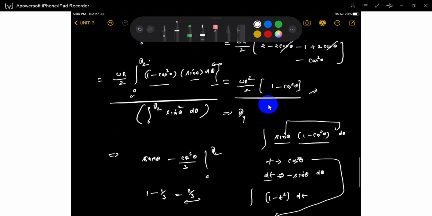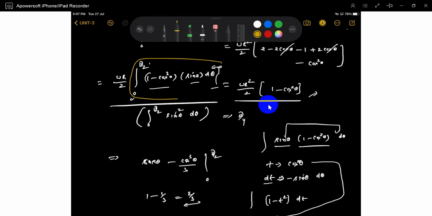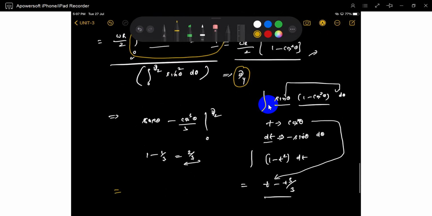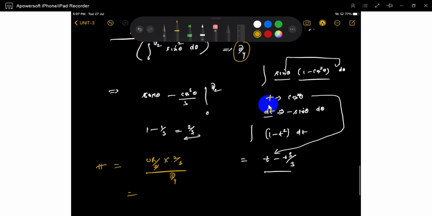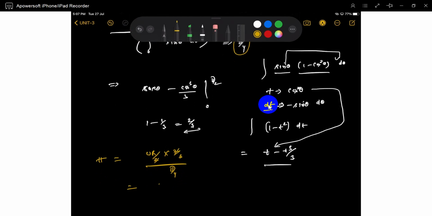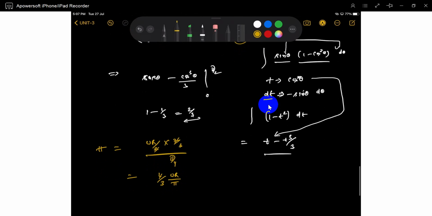So this value is 2 by 3. Okay, this value is pi by 4. Now if we write it, h is wr by 2, 2 by 3 divided by pi by 4. The 2 cancels, 4 will get pi, so 4 by 3 wr by pi, that is the value of h.